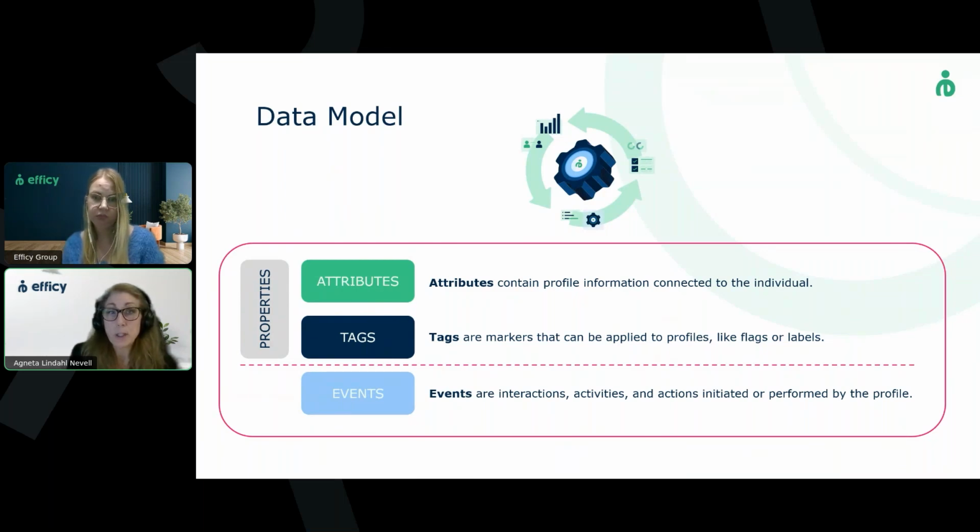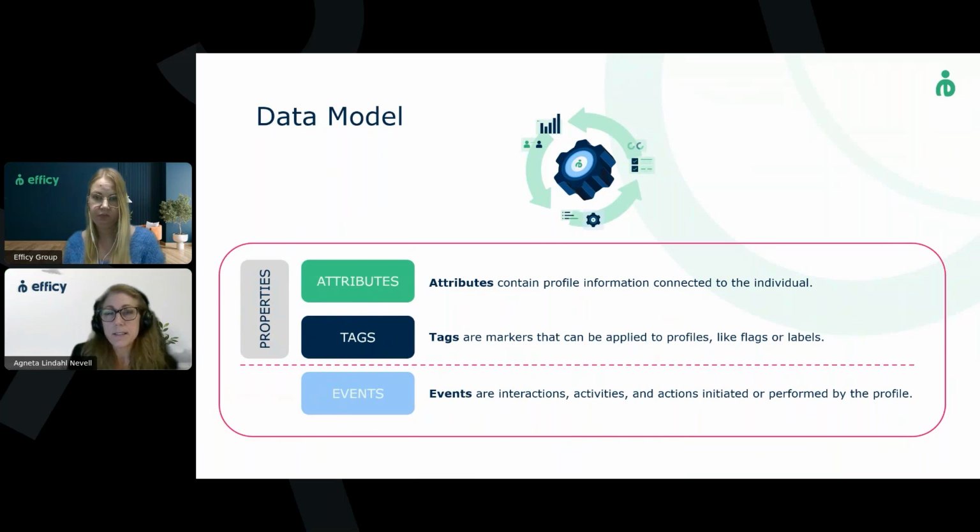And last but not least, these are super important, we have events. Actions and interactions performed or initiated by the profiles. Clicking on a link, opening an email, starting a trial, visiting a page. These events capture behavior, and it gives you insights to personalize communication and set up agile and dynamic marketing automation campaigns.